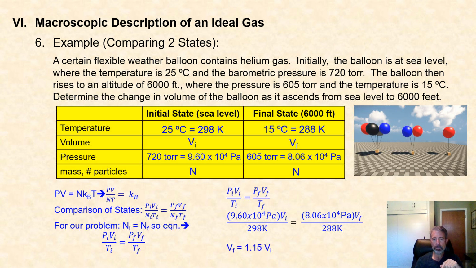So doing the number crunching here, we find out that our final volume is 1.15 times our initial volume. So you can see here that as a balloon rises to that new altitude, it experiences a drop in temperature, a drop in pressure, but in this case the volume increases slightly.